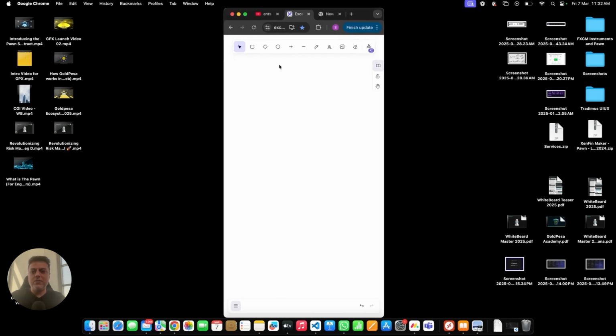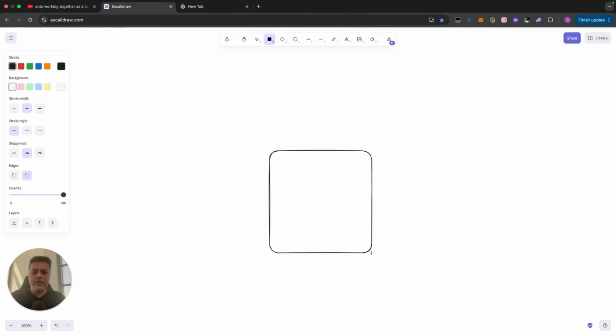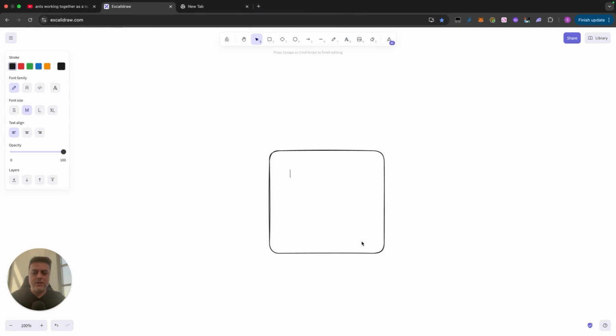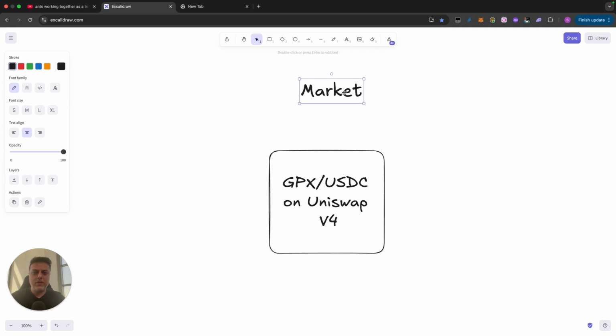So first we're going to define the model. When we look at GoldPesa, we've got a liquidity pool, GP USDC on Uniswap v4. Then you've got a user, so we'll call it the market. This is the market.